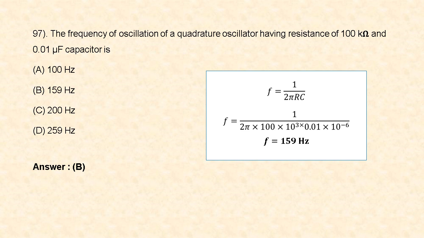You see, the frequency of oscillation of a quadrature oscillator is given by the formula f is equal to 1 by 2 pi RC. Substituting R is equal to 100 kilo ohm and capacitance C is equal to 0.01 microfarad, we have the frequency as 159 Hz. So option B is the correct answer.